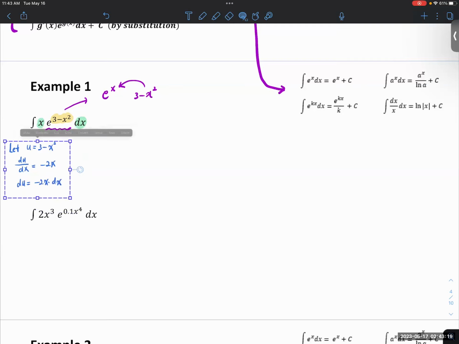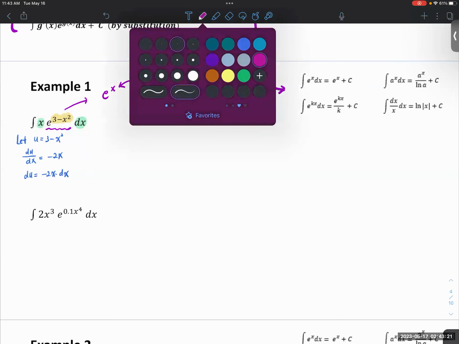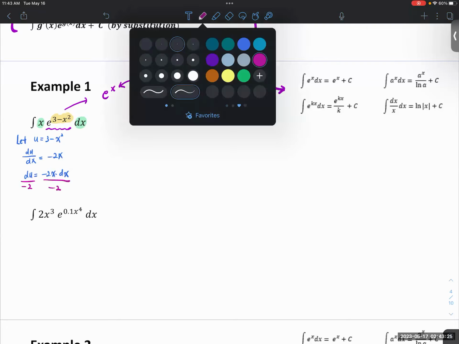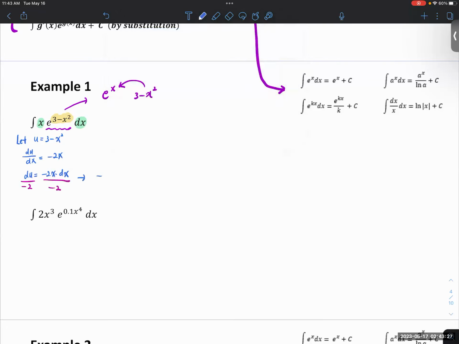I'm going to divide by negative 2 on both sides so that I can find out negative 1 over 2 du equal to, cancel, x times the dx we're looking for. So x times the dx, we just found out that is negative 1 over 2 du. Okay, so far so good.